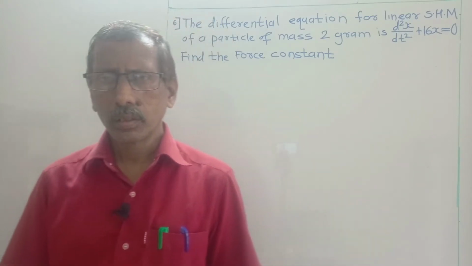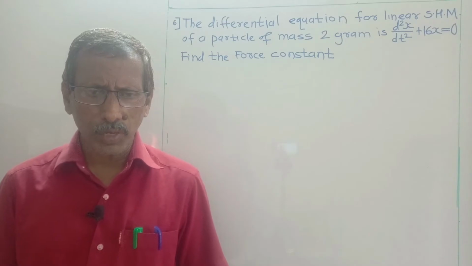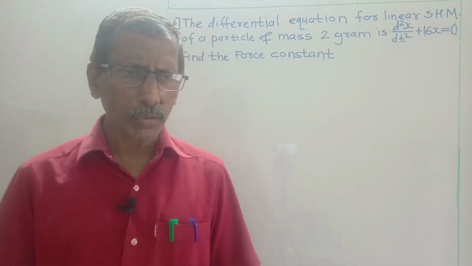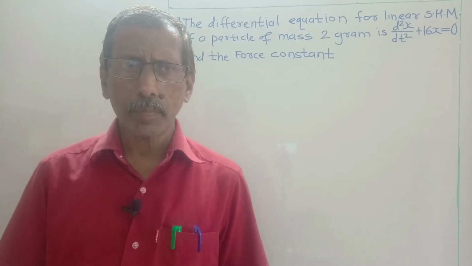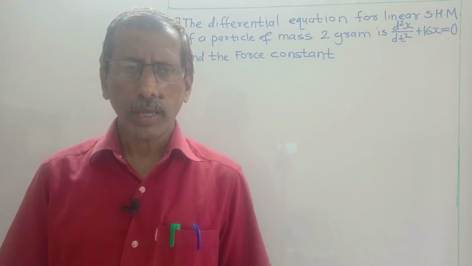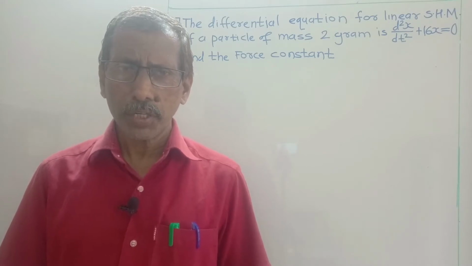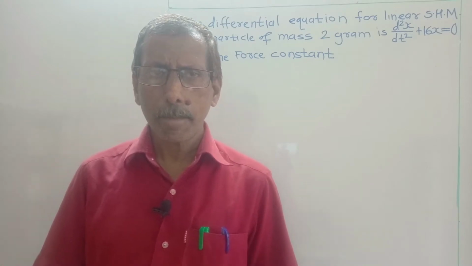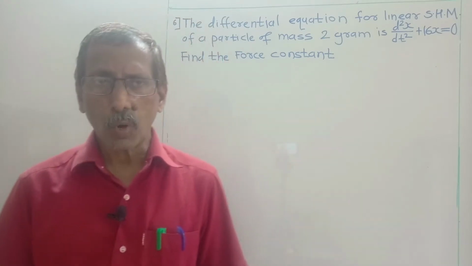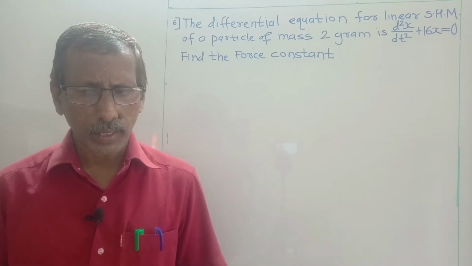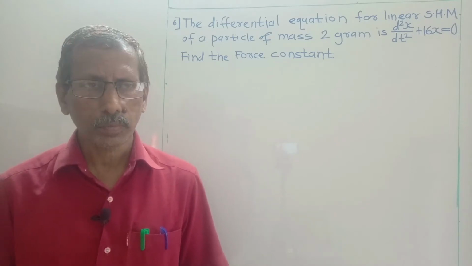But in the other type of numericals, a certain mass is attached to the spring. At that time k is equal to F by x, and this is equal to mg divided by x. So we put the value of m, mass, small g, acceleration due to gravity, and displacement, and calculate the force constant.